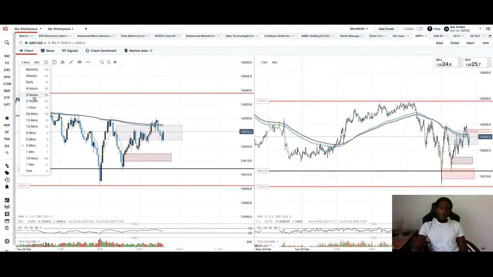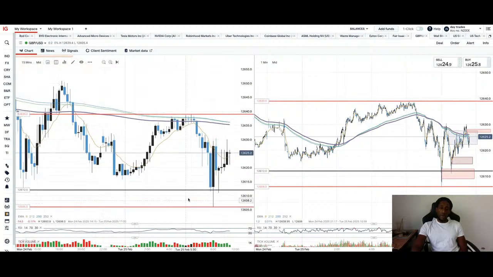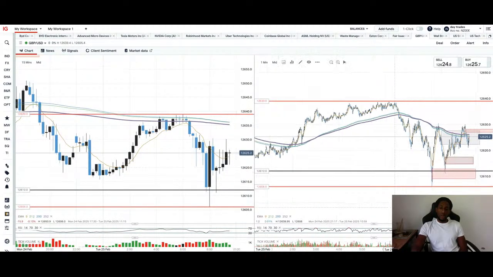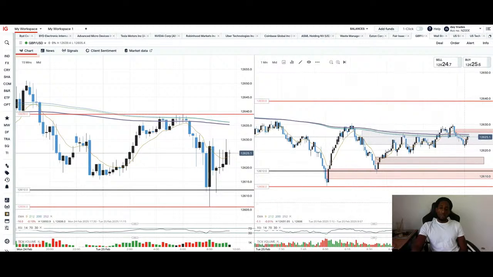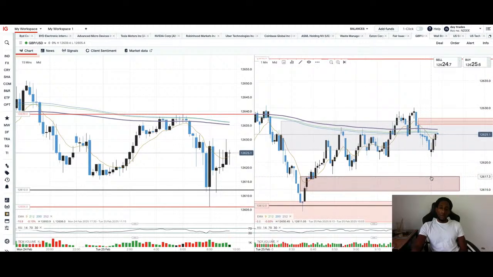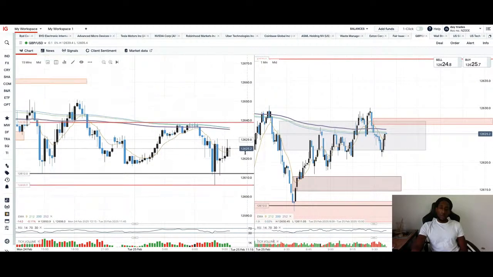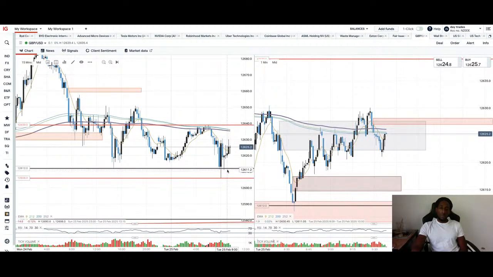I don't know. I've got bullish vibes still, man. With how this is closed and what it's doing now, this is bullish vibes at the minute. How price is looking on the 15-minute, definitely bullish vibes. Looks like we just want to keep going.